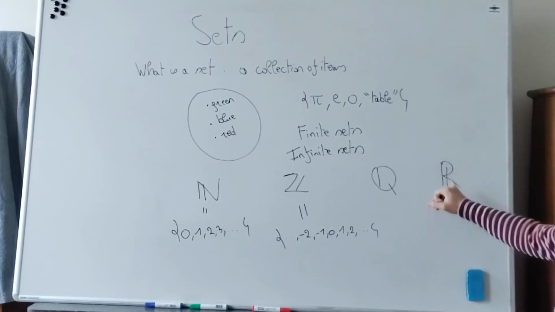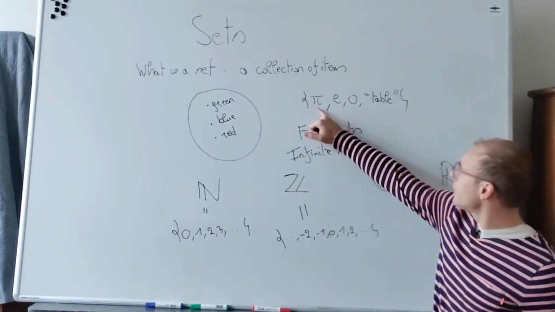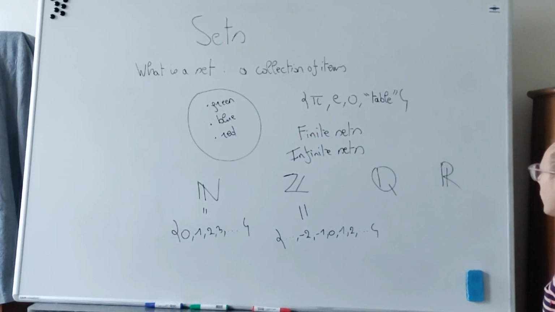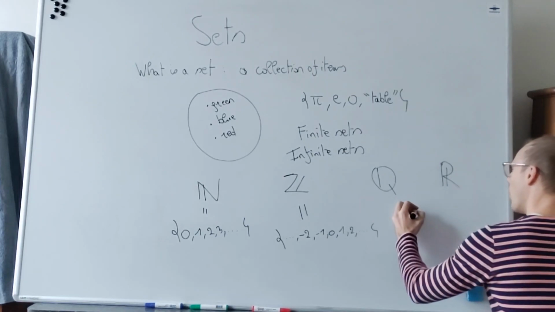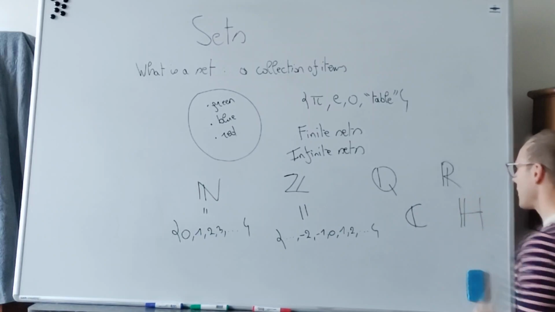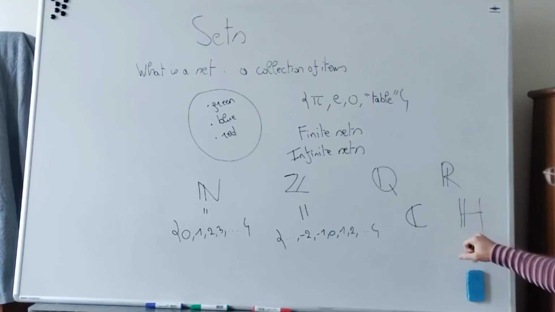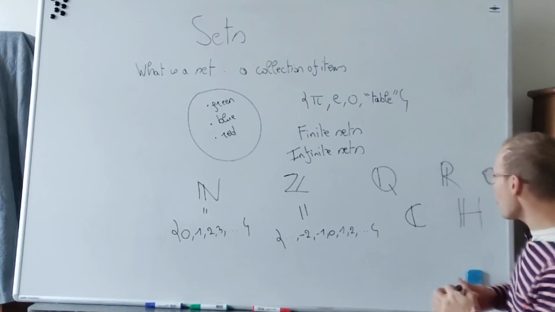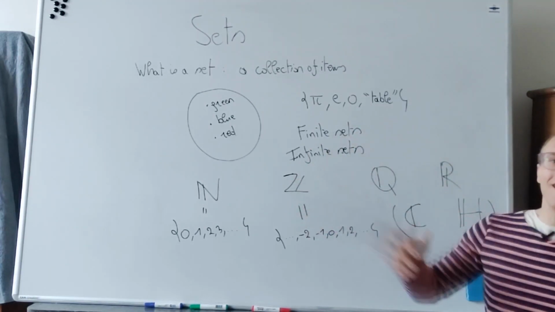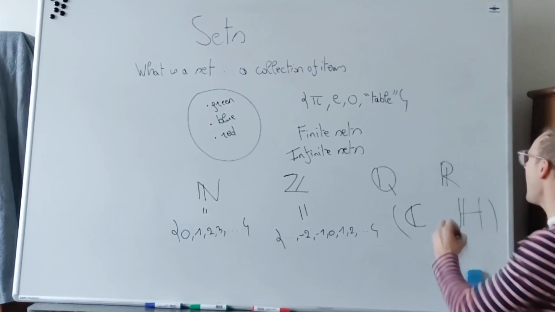And then if you know these, like the real numbers, we've already seen some real numbers here, pi and the number of Euler. And if you want to, well, there are also the set of complex numbers, the set of the quaternions. But this is, you can forget about this. We will not need this anyway in the series about AI.